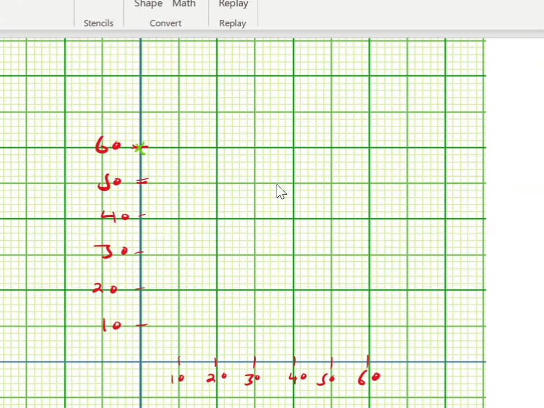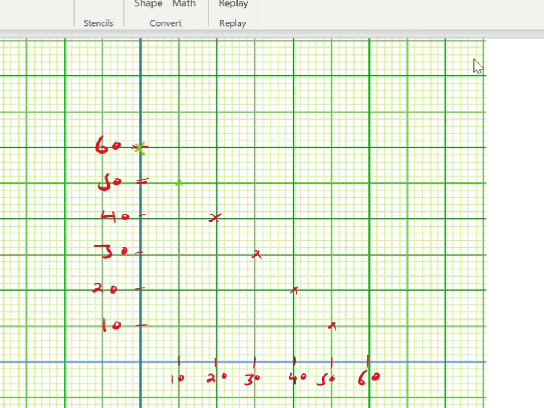So 10, X ni 10, Y ni 50. Hii ingine ilikuwa gani? Do you remember? 20 kwa 40. Good. Then 30 kwa 30. 40 kwa 20. Na 50 hatuna, lakini maybe itakuwa kwa 10. I assume. So I'm going to join this.